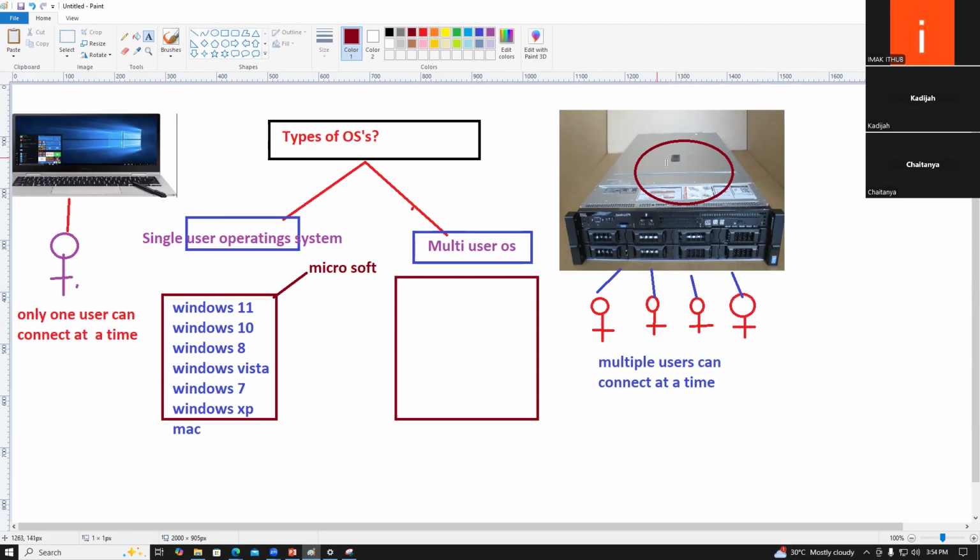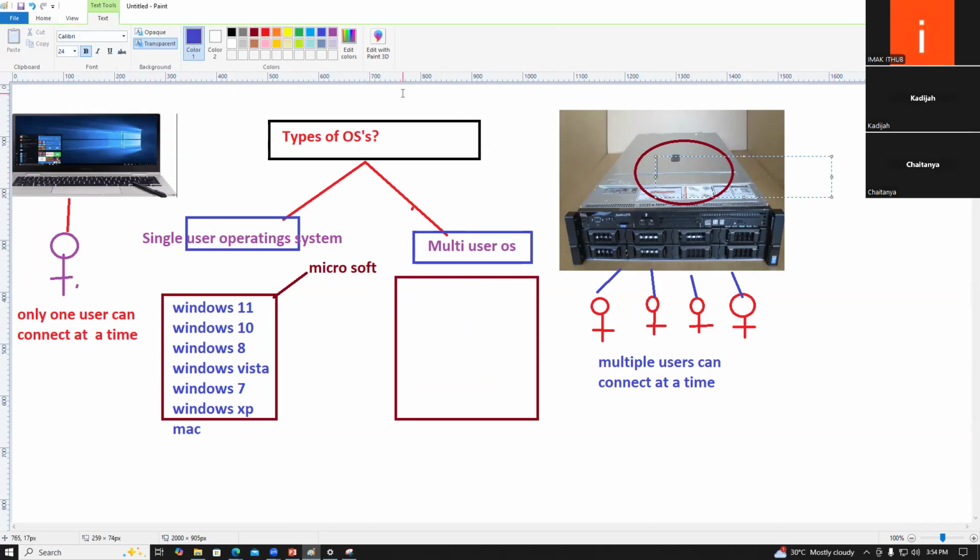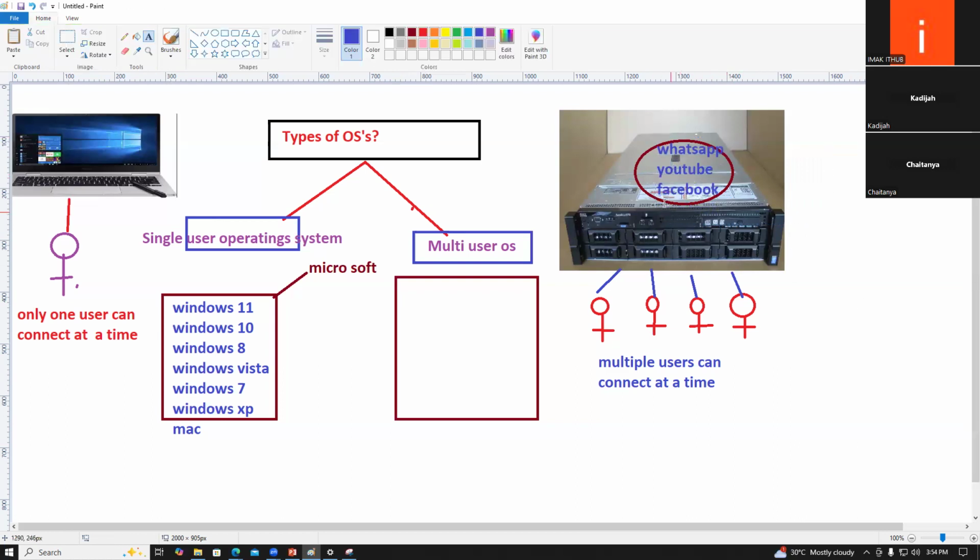For example, WhatsApp, YouTube, Facebook. So many software and so many websites are deployed under this multi-user operating system because so many people are accessing this server. So definitely we need a high configuration on the server.